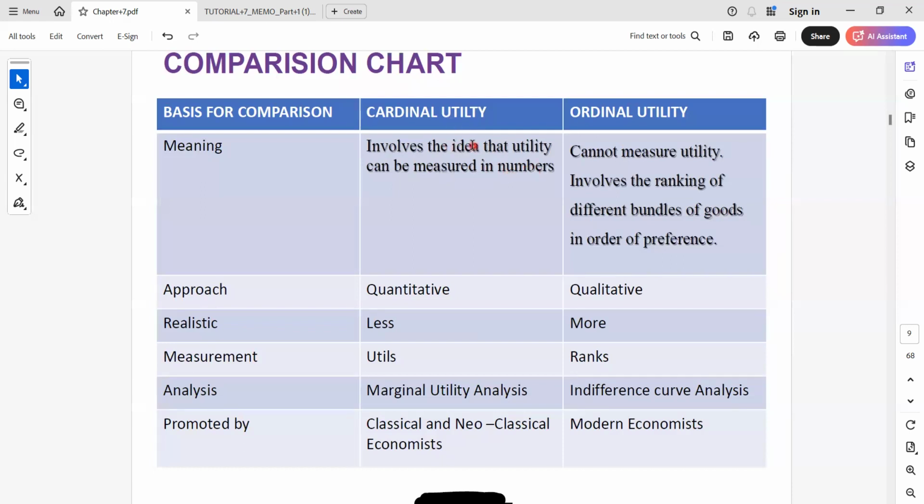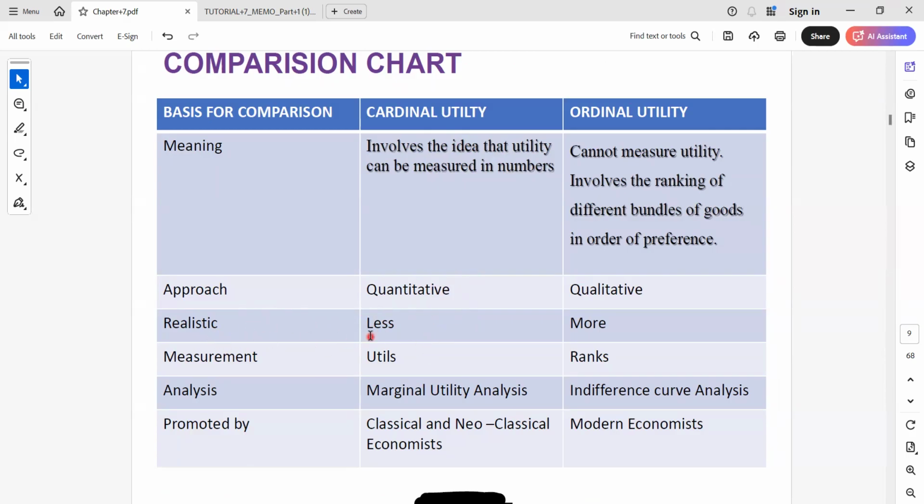And it is an idea, guys, an idea. I did say we're dealing with assumptions here. So it's an idea that utility can be measured in numbers. And then the approach is quantitative. Obviously, we're dealing with numbers. And then it is less realistic.